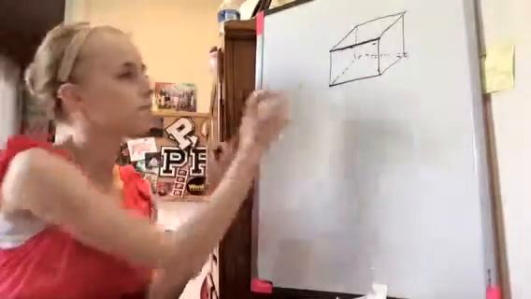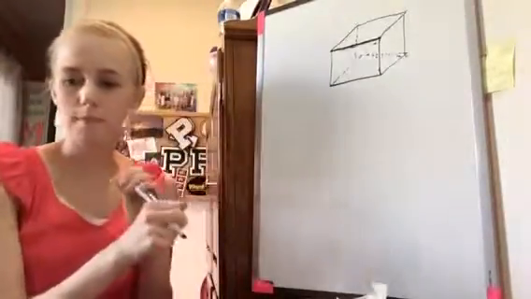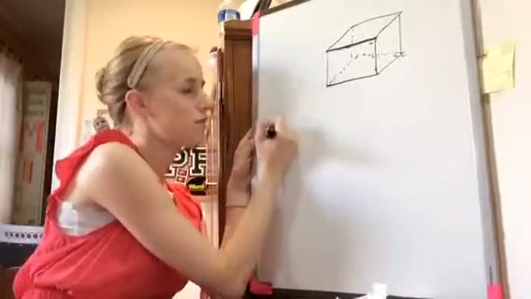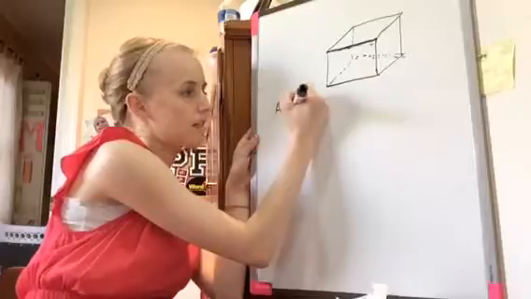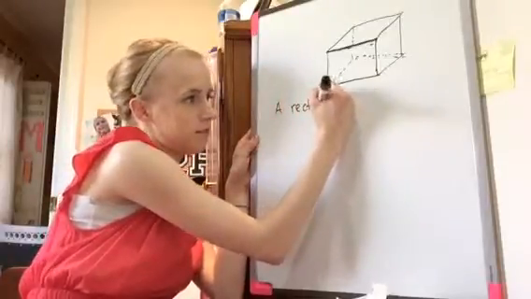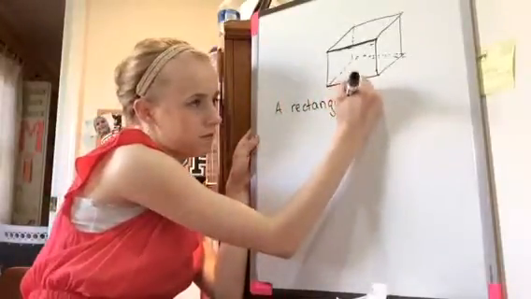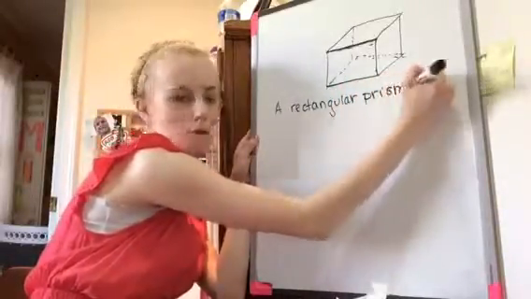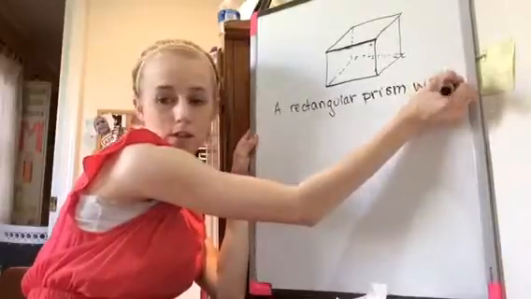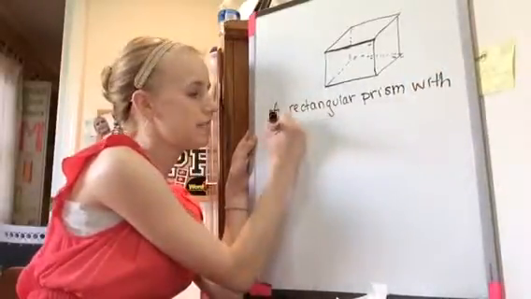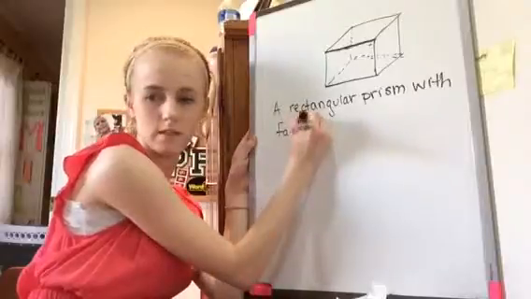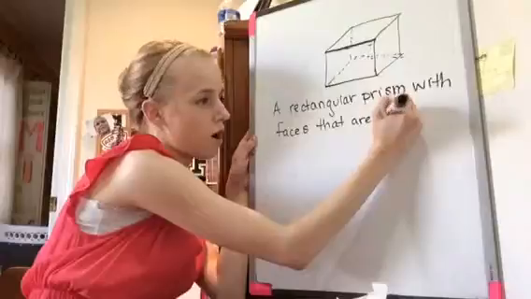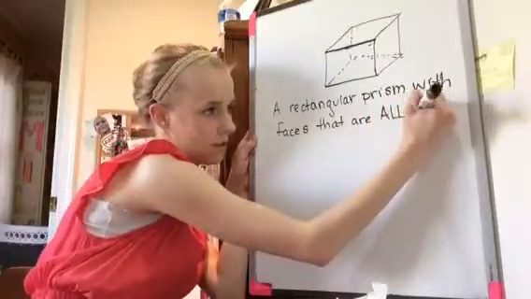So a cube is a form of a prism. A cube, just like a square falls under a rectangle, is a rectangular prism with faces that are all squares.